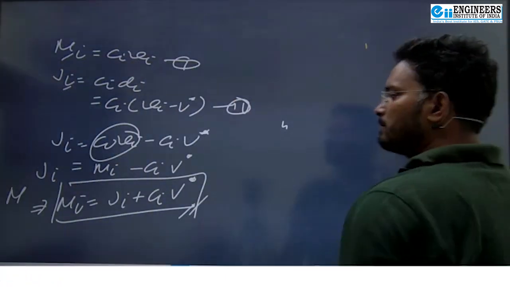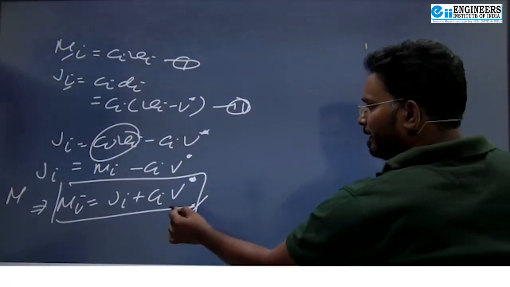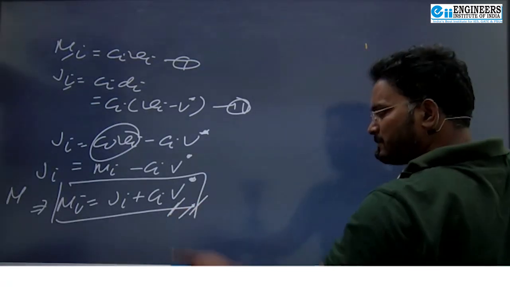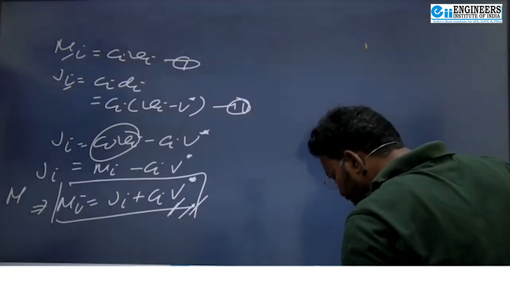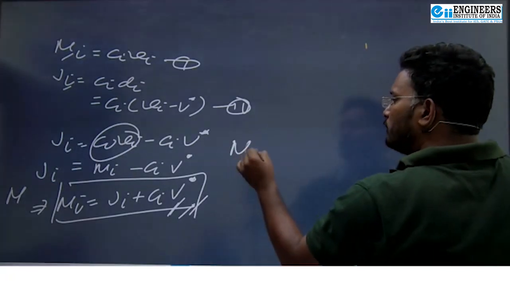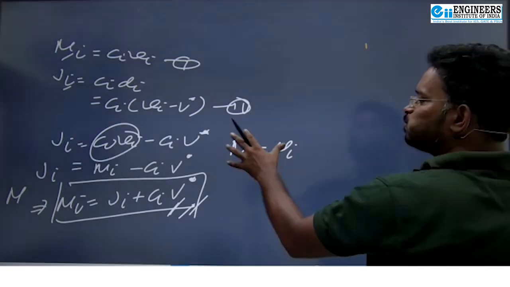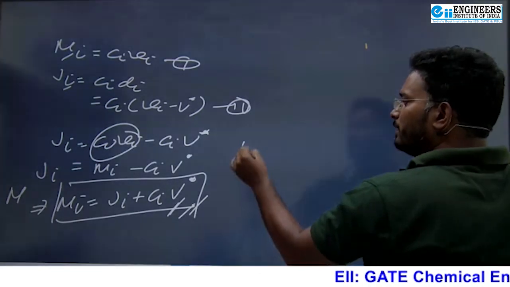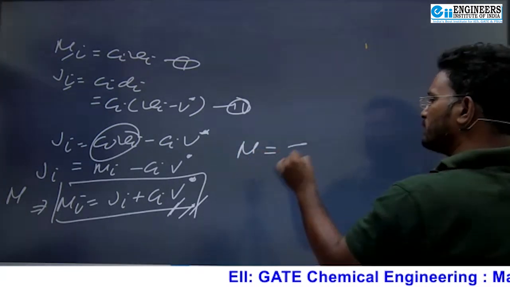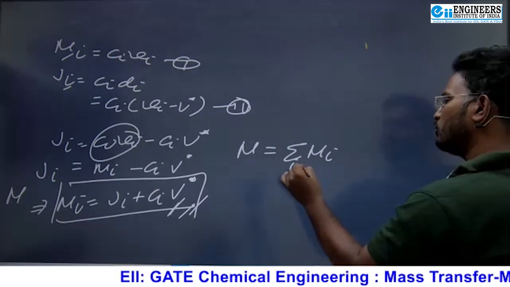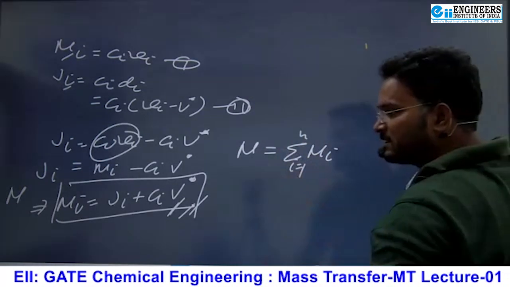Have you written this? Now, as my dear students, you know very well, the total molar flux N is equal to the summation of Ni's from i equal to 1 to the number of species present in the mixture.